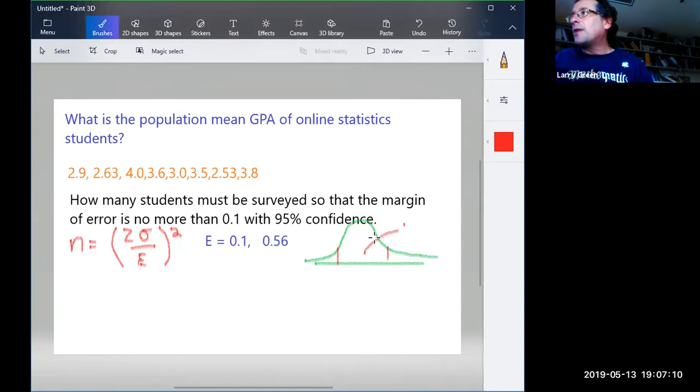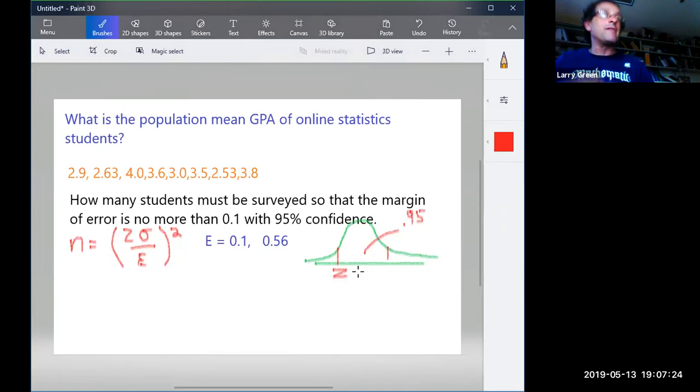So that's 0.95. And Z is that value there with a standard normal curve. You've learned that before, right? We use Z when we're talking about standard, so that means the mean is 0, the standard deviation is 1. Any questions on that?